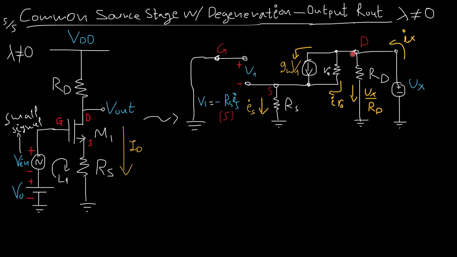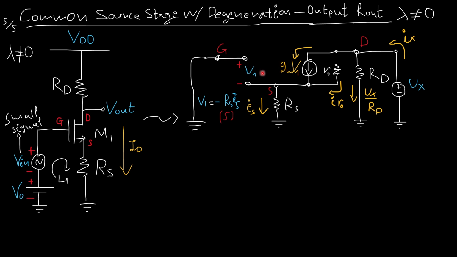There is a current flowing from the drain to the ground, Vx over Rd. There is a current flowing from the drain to the source that splits into gmV1 and the current flowing from RO. I call this IRO, and both of them connect to the source and become one current Is.